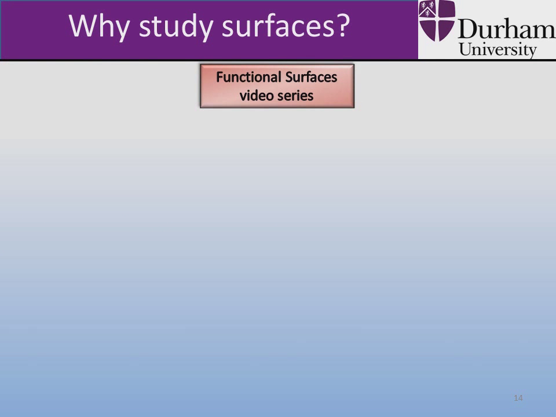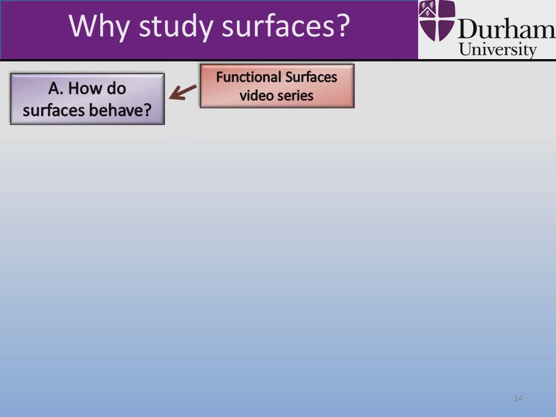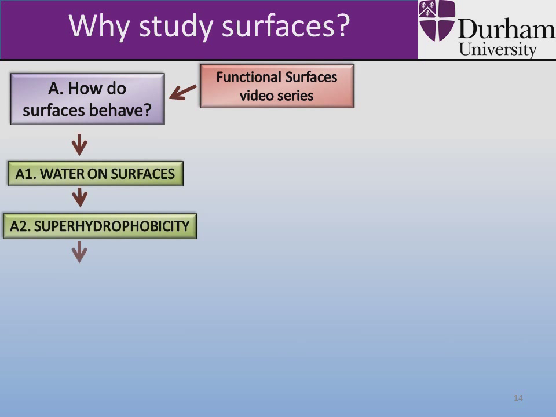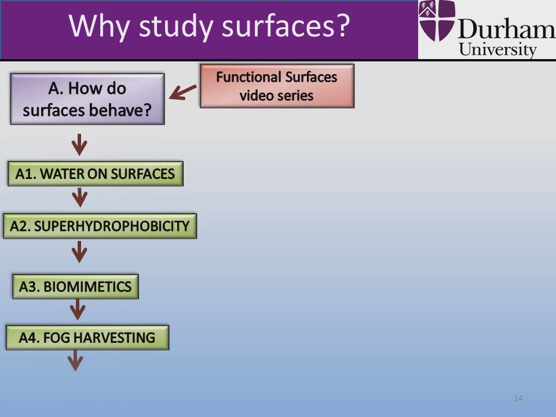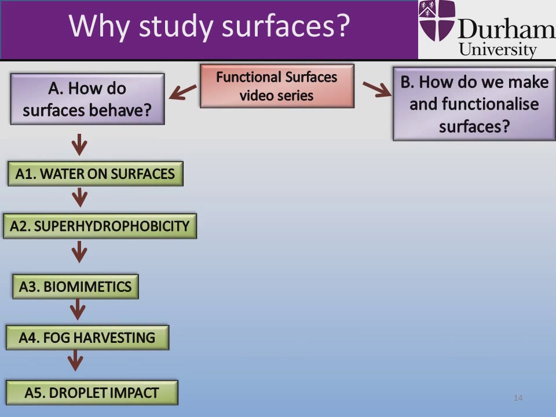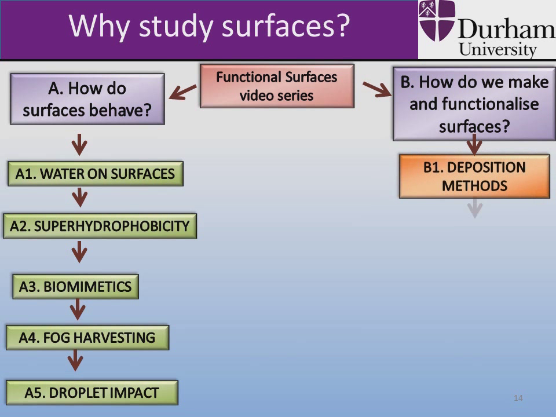In this set of tutorials, we will look at how surfaces behave, particularly with regards to water on surfaces. We will also look at how we can make new surfaces on objects, or functionalize surfaces.